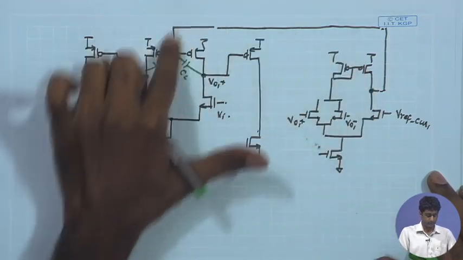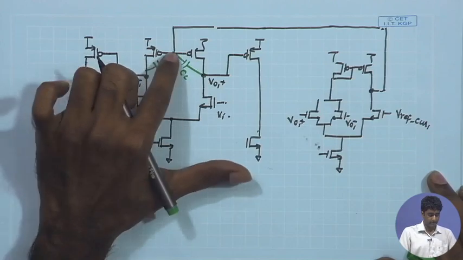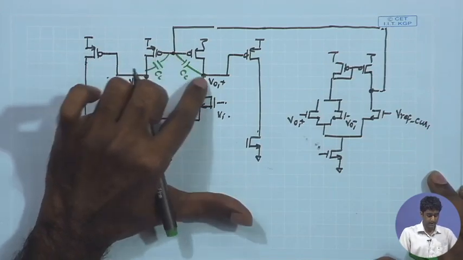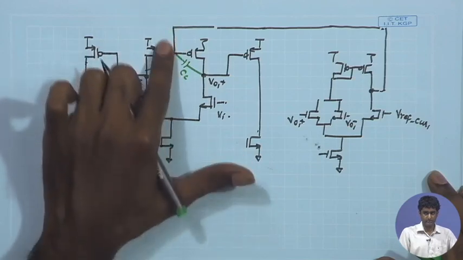Therefore, if we remember, in the common mode half circuit, we are going to have this CC coming between the input and the output of the common source stage provided by this differential pair.